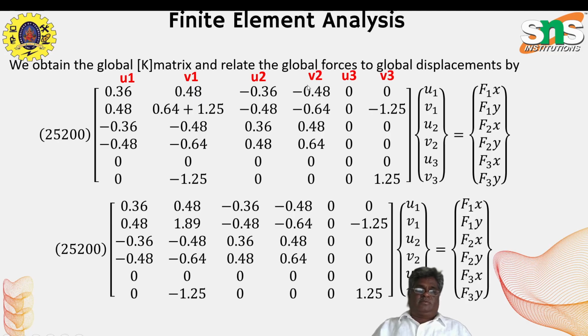Now the standard equation for determination of displacement is K times the displacement vector U equal to the force vector F. Carefully reassemble the values of the stiffness matrix for element 1 and element 2 to the corresponding row and column. Then finally simplify the values.